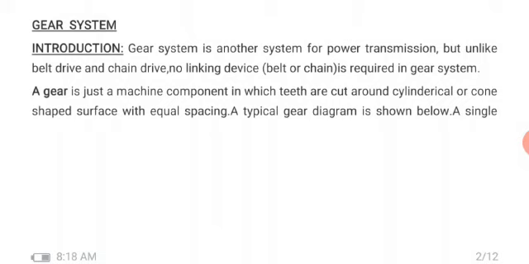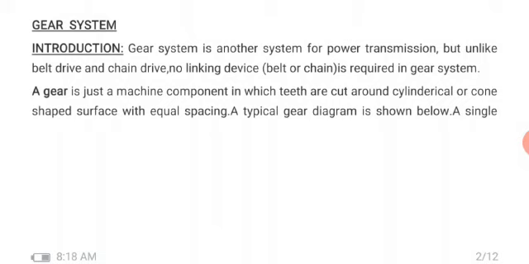But in gear system, we only need the gears. So there is no need for any linking device between the two or more gears that we need to do the power transmission. So that is why I'm saying that the gear system is different from the other transmission of power methods that we have learned.